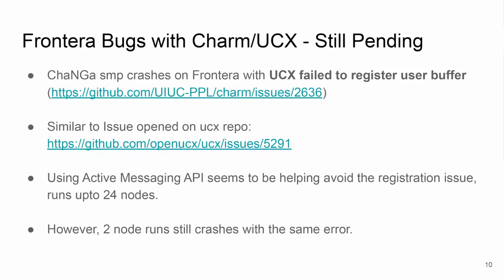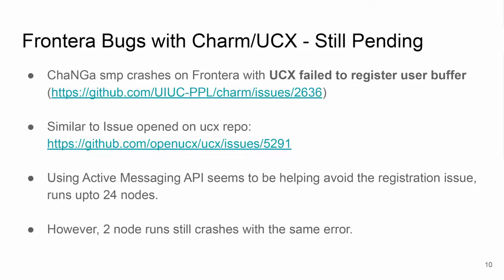And Mikhail, I think, also created an active messaging API port for Charm++, where instead of implementing it using the standard UCX send and receive function, he used the active messaging API, and that seems to be helping avoid the registration up to 24 nodes.